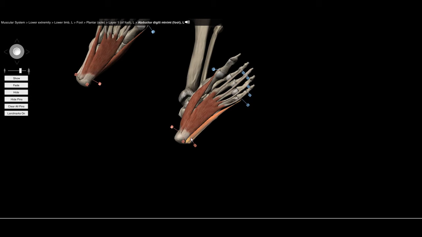This is a little tiny muscle that attaches from the calcaneus. It inserts on the lateral aspect of the fifth toe, responsible for abduction of the pinky toe, that fifth toe.